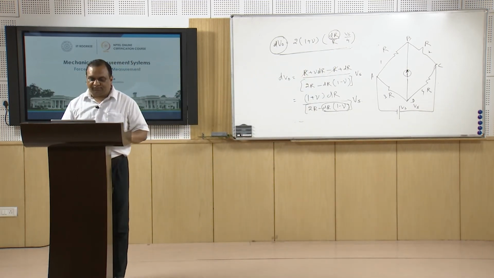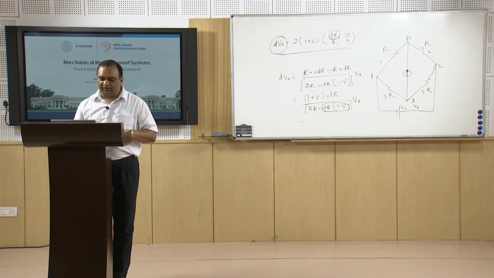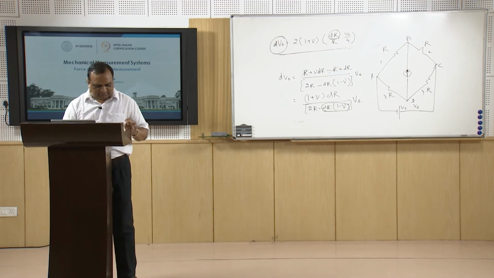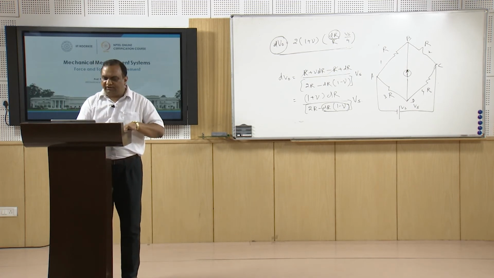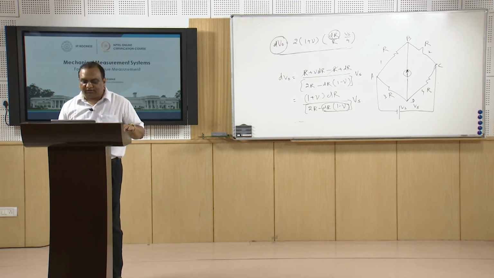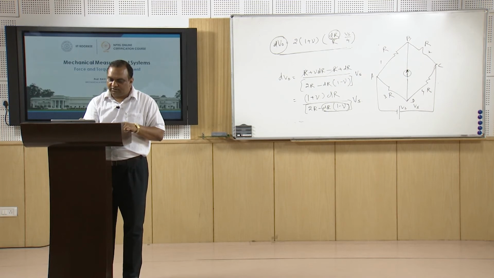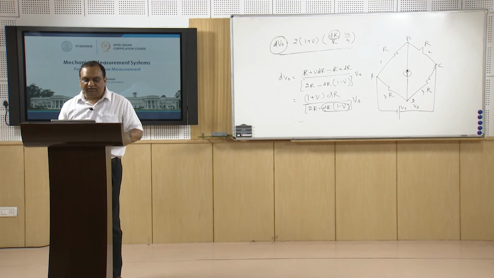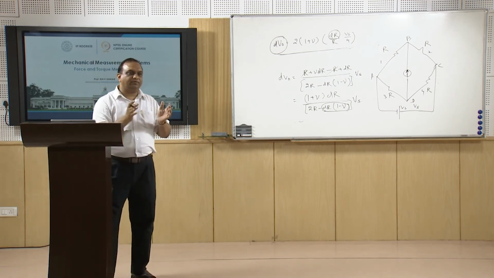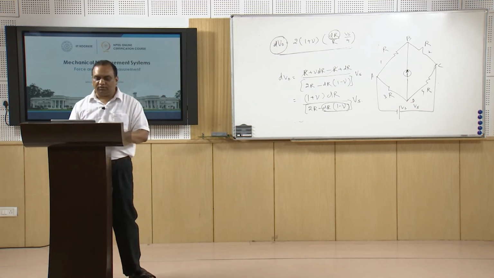Now for further understanding of this, let us solve one example. A strain gauge load cell consists of a solid steel cylinder which has 4 identical strain gauges mounted upon it in the Poisson's arrangement. Poisson's arrangement is the same arrangement, 2 along the axis, 2 perpendicular to the axis.